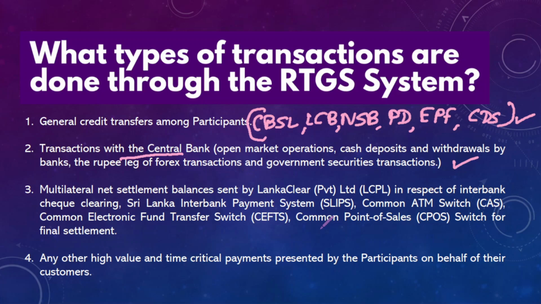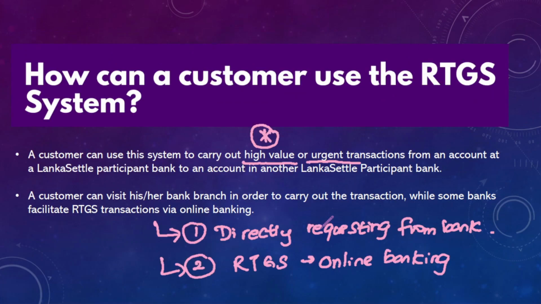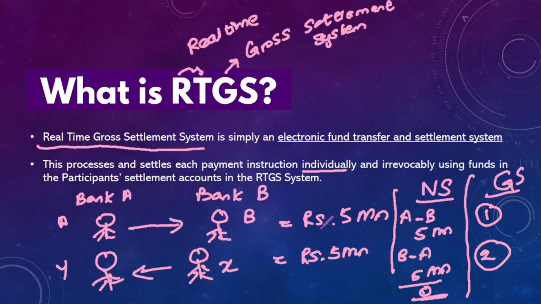I'll make it simple. Now remember, in the very first slide, we understood what net settlement is. Now here when we went through the example, both the transactions had the same value. Now let me amend it and make one transaction 8 million and the other will remain at 5 million. Now how will the net settlement work? Bank A has to pay Bank B 8 million.